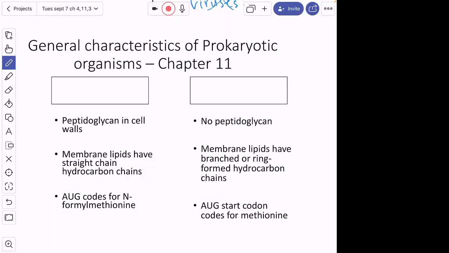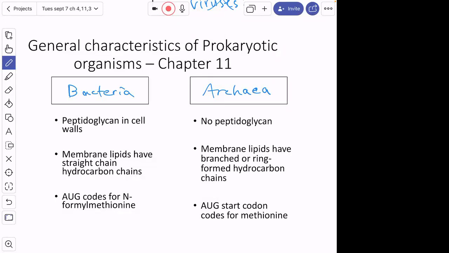Right at the beginning, they ask, what is the difference between a bacteria and an archaea? A few days ago I thought I should have included eukarya, might as well compare all three, but in your book, this is the way they do it. So just picking out a few characteristics that are different between the bacteria and the archaea.